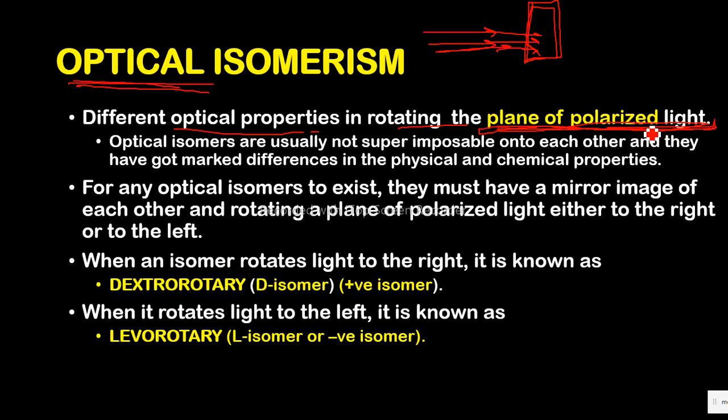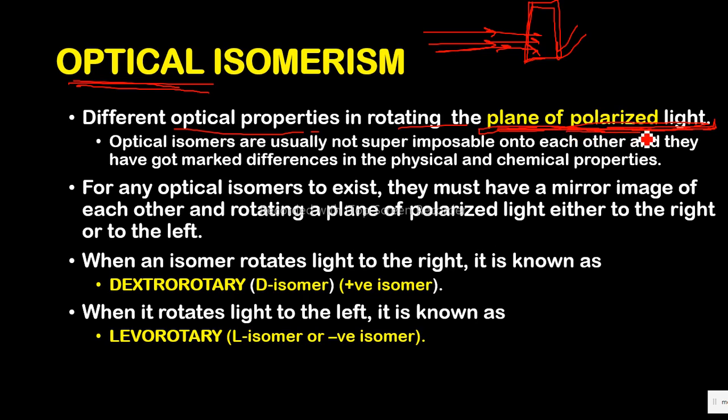A beam of light passing through a glass prism, the prism polarizes that light, and that light is the one that we refer to as the plane polarized light.